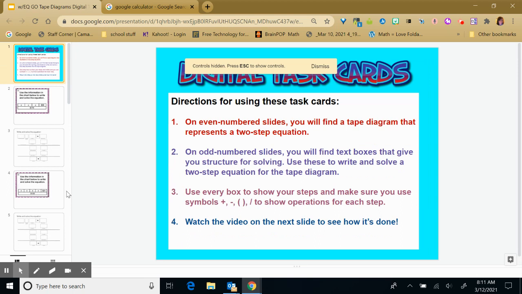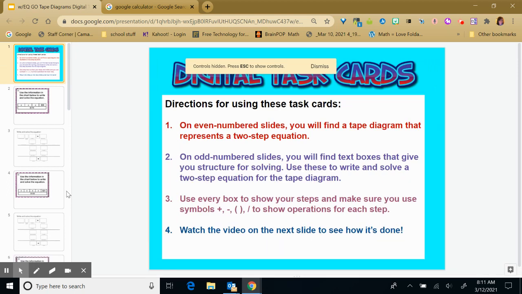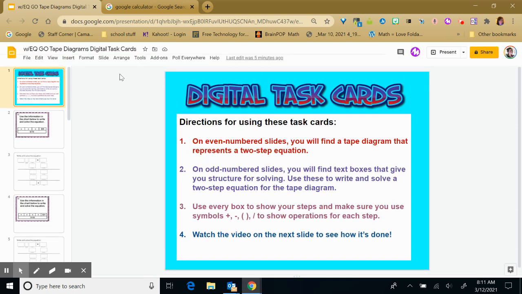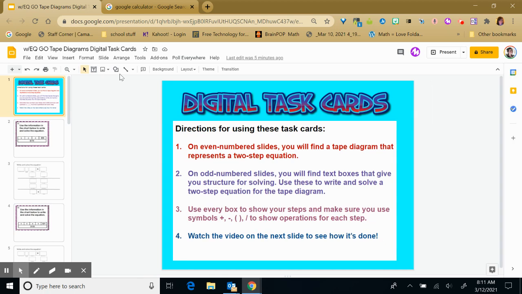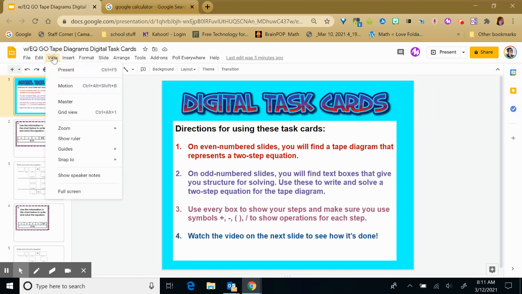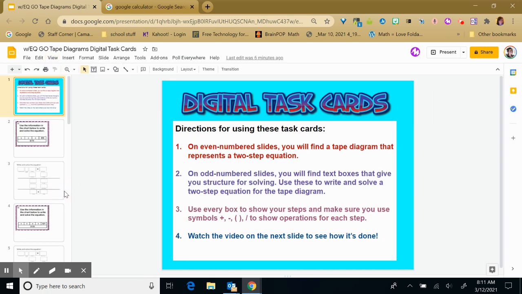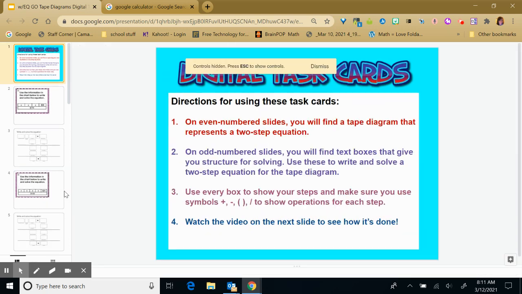What that does is it makes it a little bit bigger, and it takes some of the distracting stuff away at the top. When you want to go back to the normal view with the menu, you just hit Escape. So if I hit Escape, it takes me back and gives me all of my menus. But when I'm working sometimes on these, I really just like to see what I'm working on. So I'm going to put it in full screen.